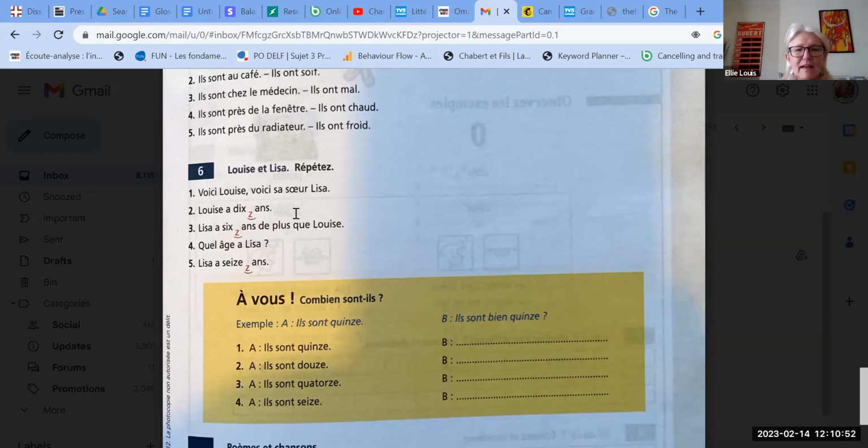Louise a 10 ans. Takes some concentration, doesn't it, to get the Z in there, particularly if it's a familiar name to you, because you're so used to saying it with an S.